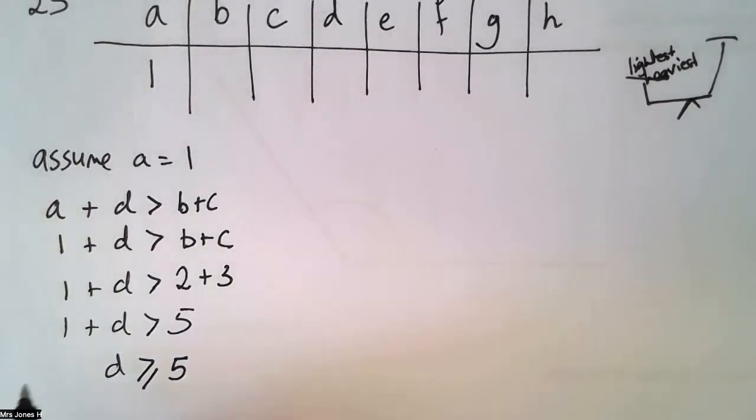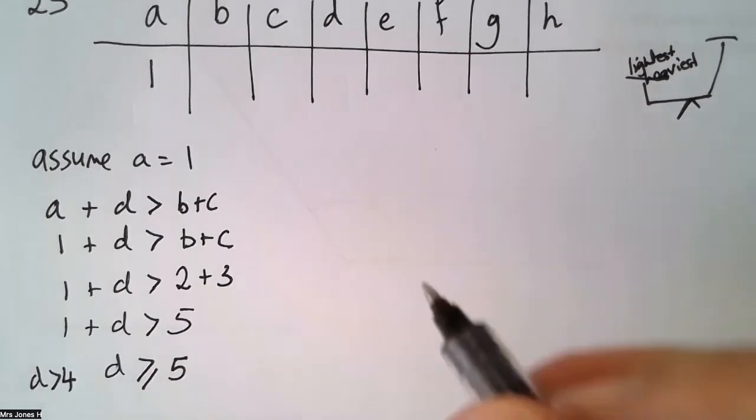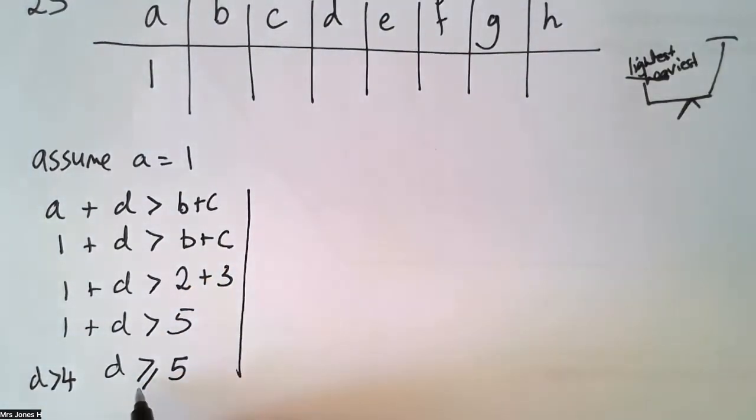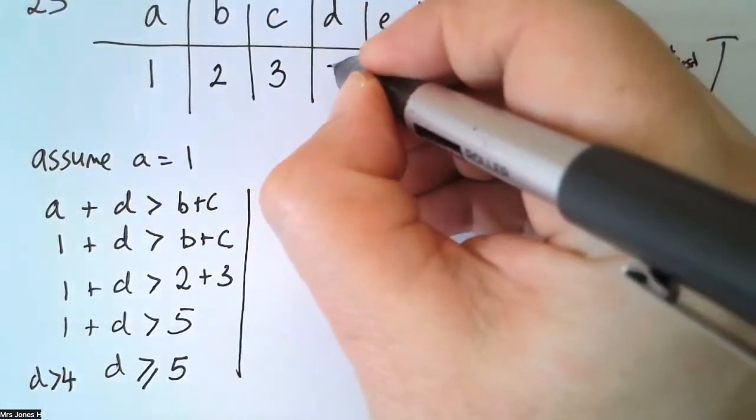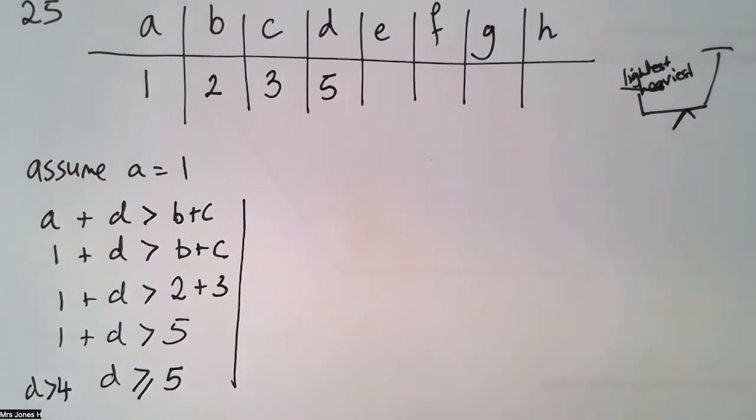If you're not sure about that, this would equal D is greater than 4. The next positive integer greater than 4 is 5, which D can equal, and therefore it has to be greater than or equal to 5. This means that we're going to put in a 2 here, a 3 here, and then a 5 just here.